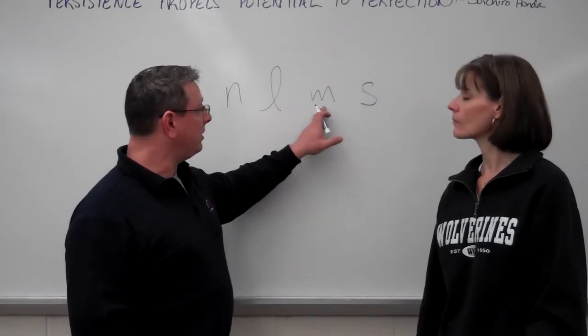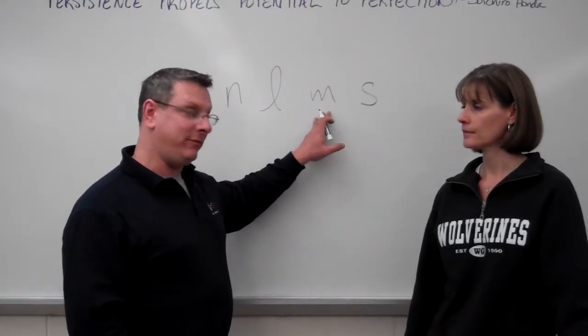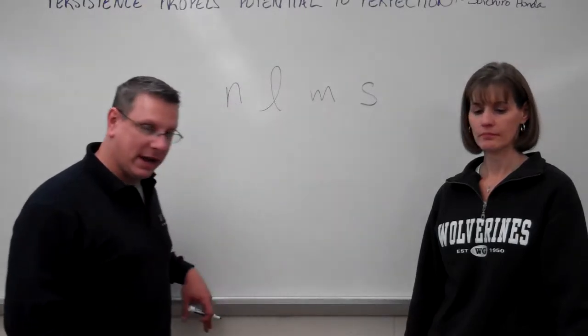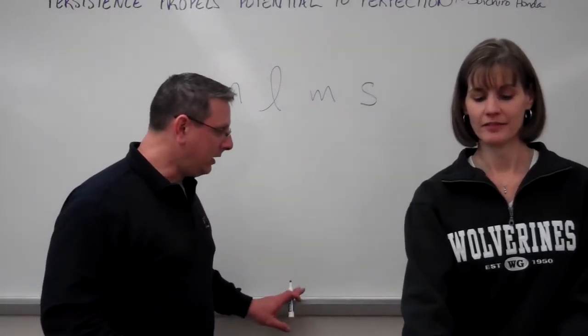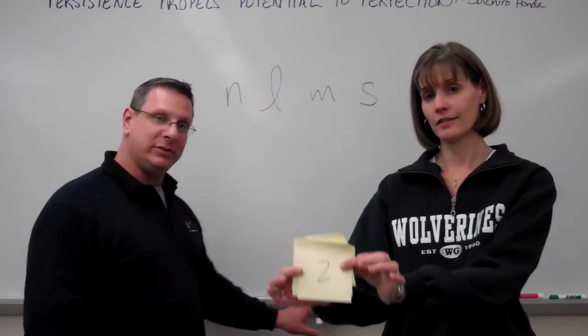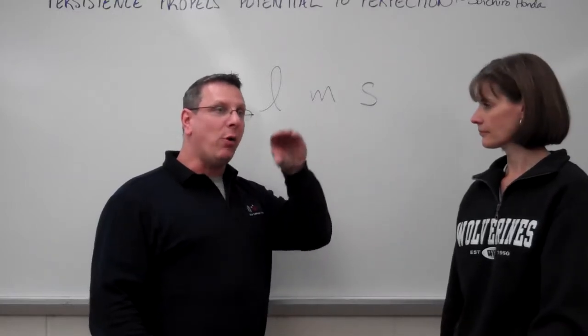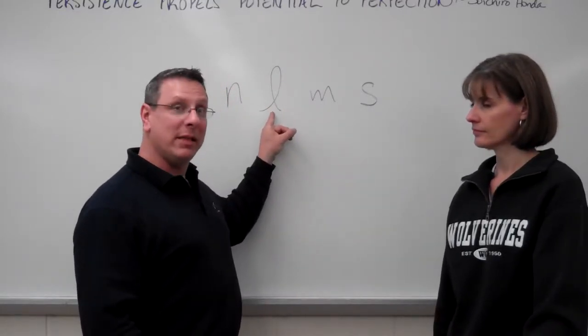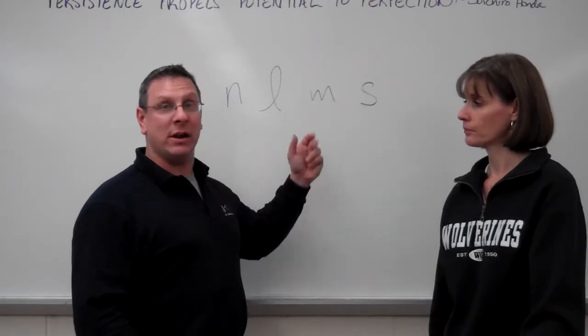The M is the magnetic quantum number, and if you rewind quickly to these little orbitals we had sitting up here on the tray, the yellow post-it notes hanging down there indicated which of the orbitals in a sublevel the electron actually was in.